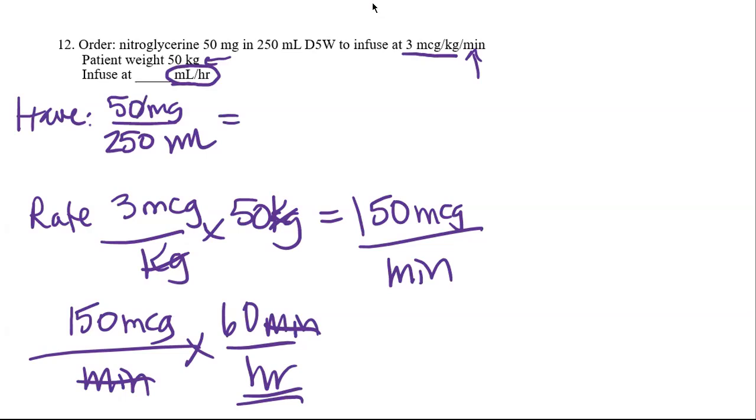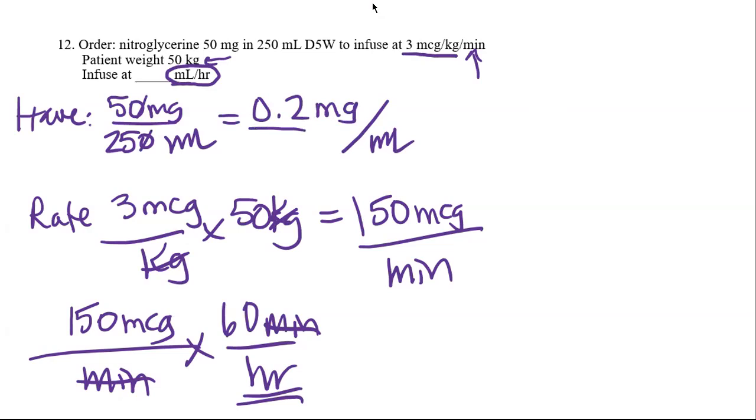We'll cross out this, we'll cross out that, and we're going to get 1/5. So that's going to be 0.2 milligrams per ml. How did I get that? Well, I crossed out the zeros, and 1 divided by 5 is going to be 0.2.